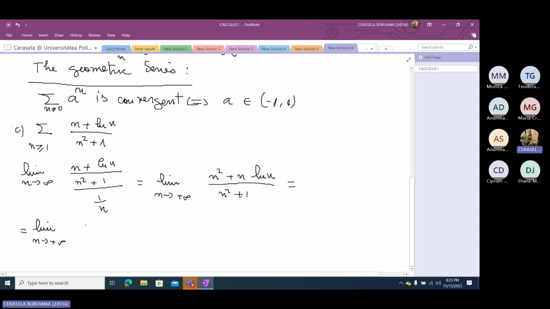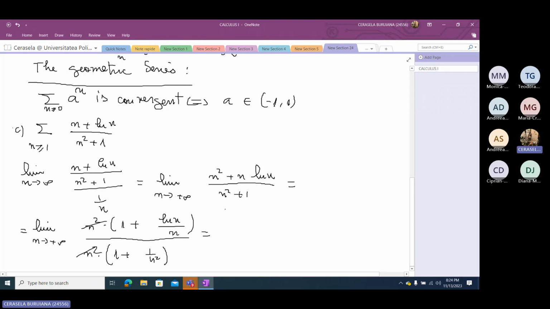At the numerator we get n squared times 1 plus the logarithm of n over n, and at the denominator n squared times 1 plus 1 over n squared.